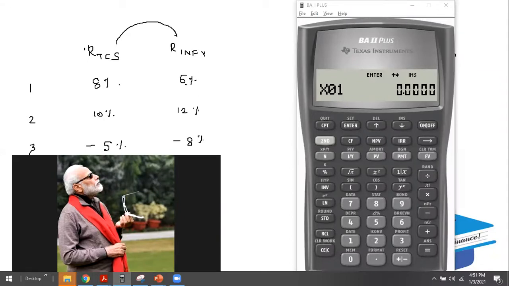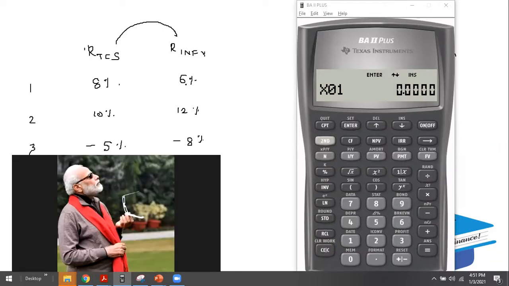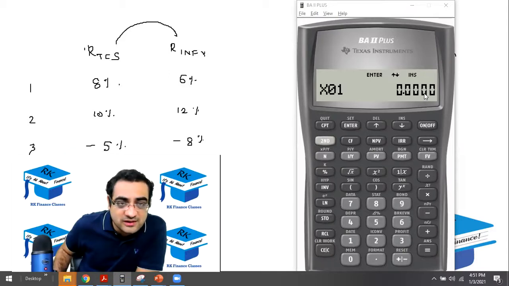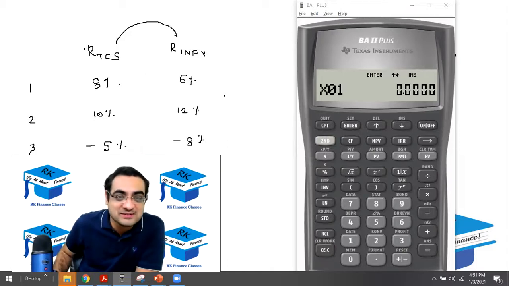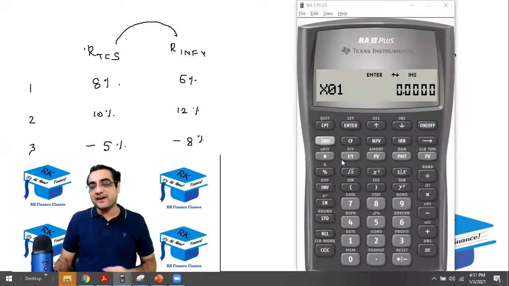Yeah, Sanket, go on. Yes, sir, I got it, sir. Definitely? X01 equal to 0 coming? Yes, sir. That didn't look very convincing though, but I'll trust you. Yes, Pritha, did you get it? Yes, sir. All right. Okay, fine.